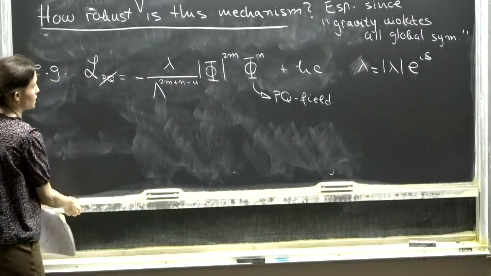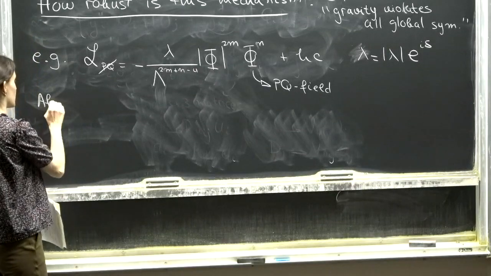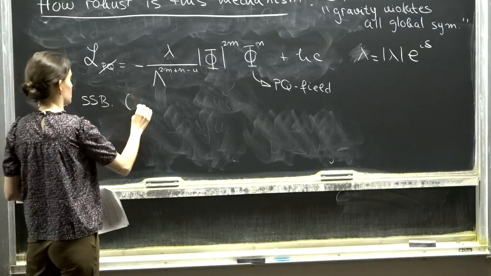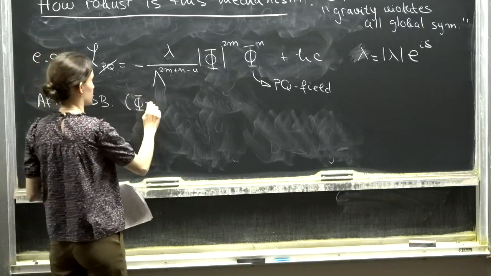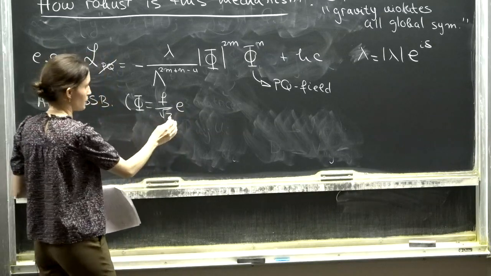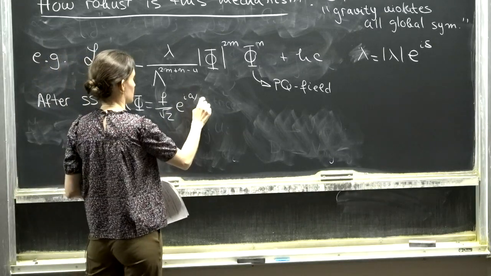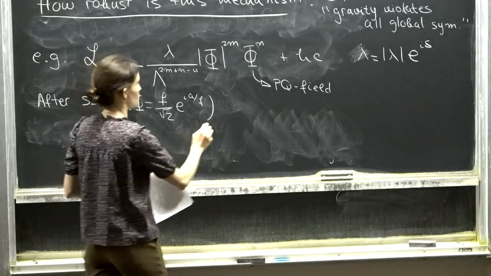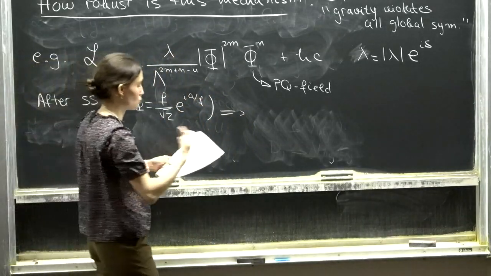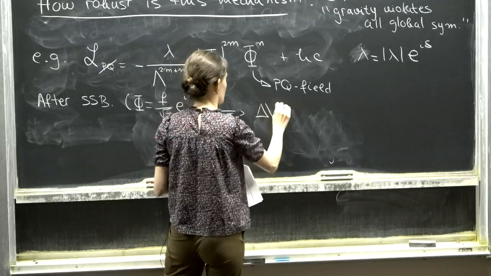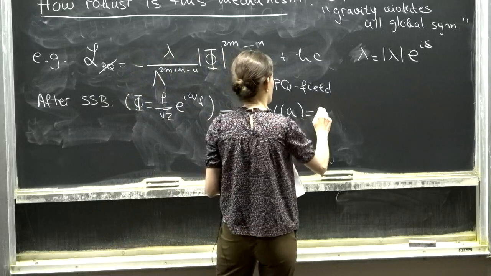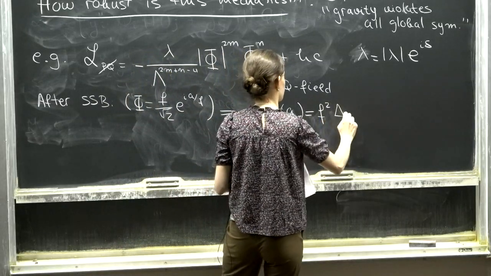So after spontaneous symmetry breaking, you can think of the complex field in the far infrared as just set to its VEV, and then the phase again is the axion. So you can show that a symmetry breaking term like this would generate an additional contribution to the potential for the axion that I can write in this way.